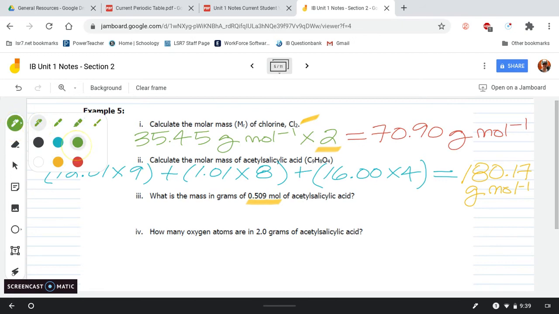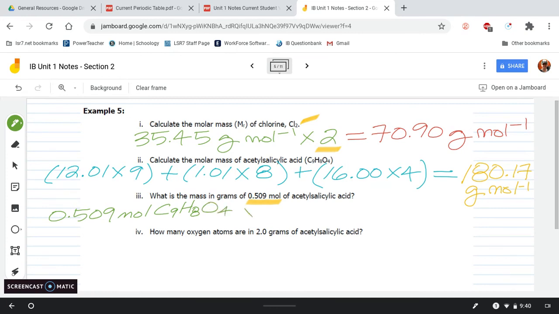So always write out the number and the unit. So I'm going to start over here, and I'm going to go 0.509 moles. And you'll see that it's the same chemical, the acetylsalicylic acid. And so a good chemistry student would also write C9H8O4. Shortcuts are not a good idea in chemistry.